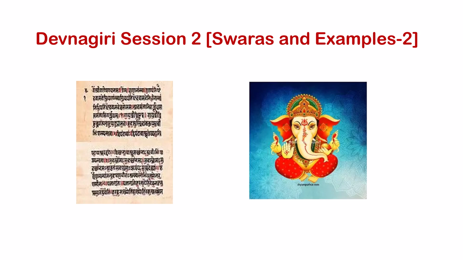In the Varnamala chart, the first two lines are done. A, I, U, R, L, A, I, O, Au.